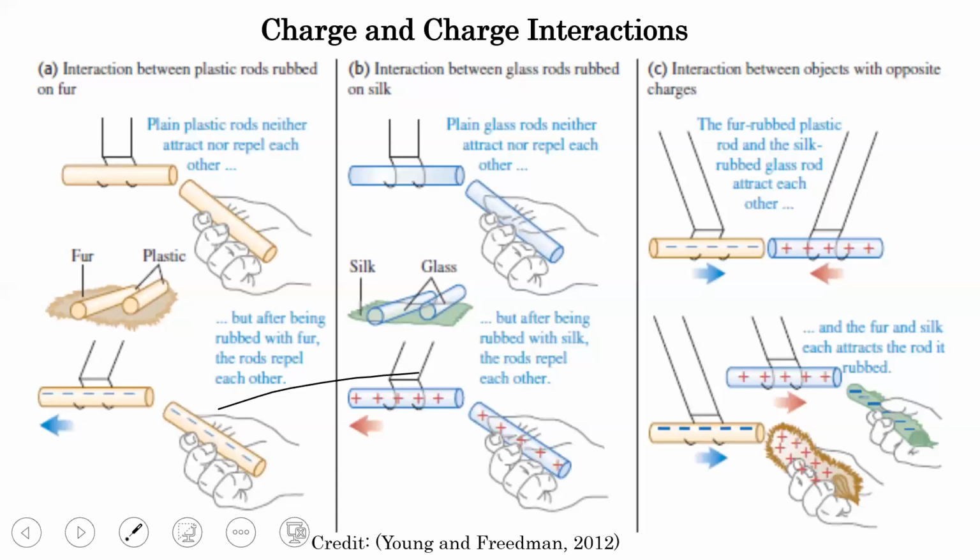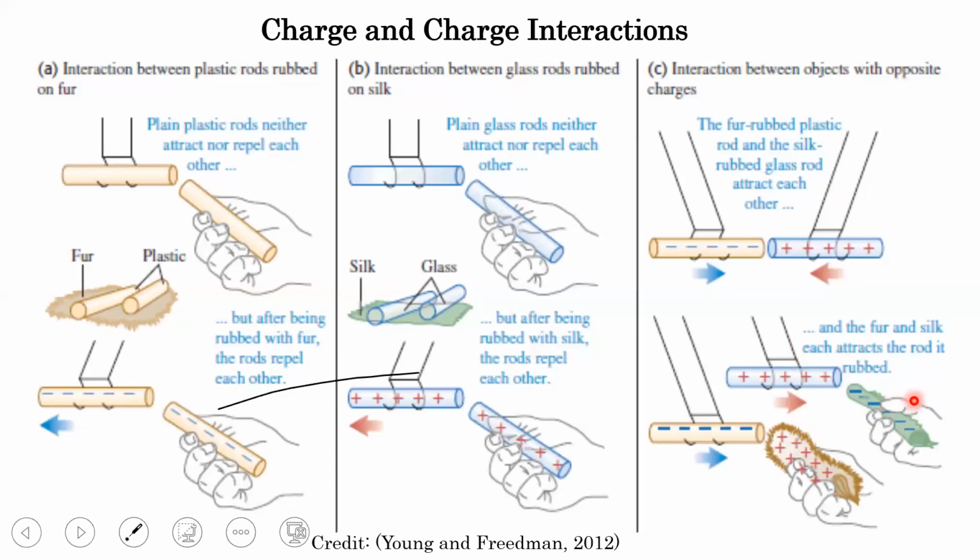And over here, this is the glass rod and the silk. The glass rod is positive and the silk, which was used to rub it, is now negative. So they are unlike charges.